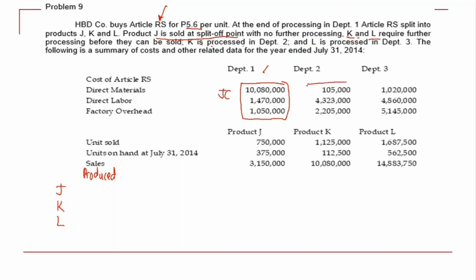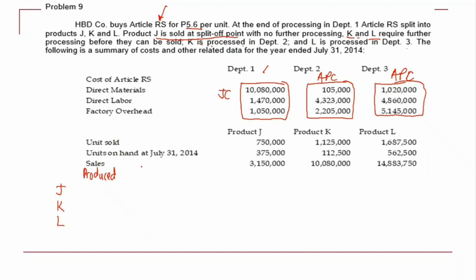So ibig sabihin, ito pala yung additional processing cost ni K. Si L is processed in Department 3. Ibig sabihin, ito yung APC or additional processing cost ni L. Alright. And the following is a summary of costs and other related data for the year ended July 31, 2014. Okay, so let's solve for this one.